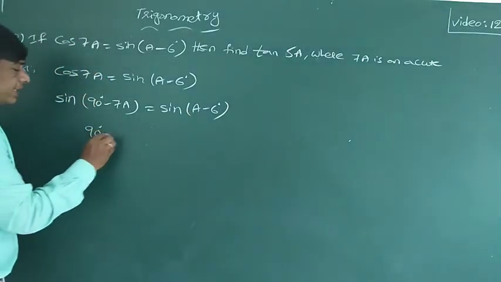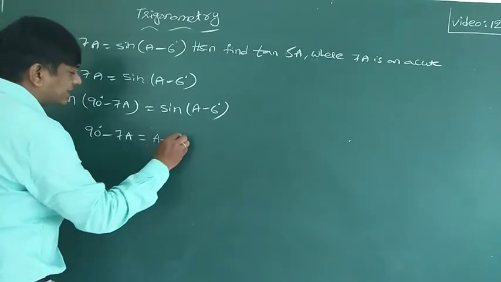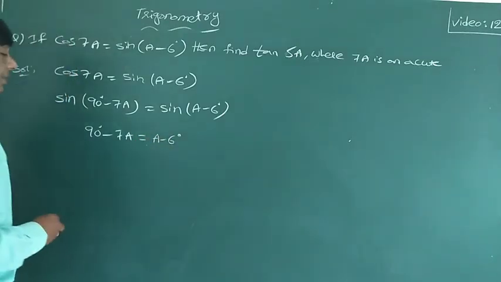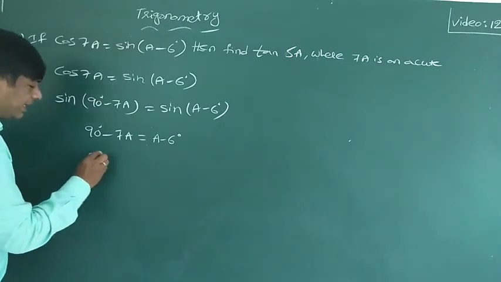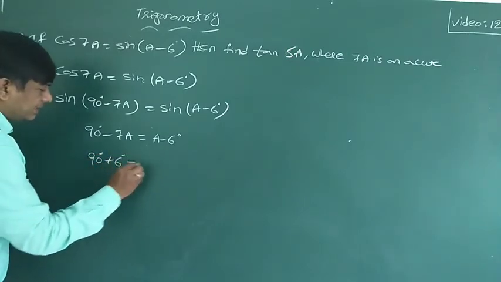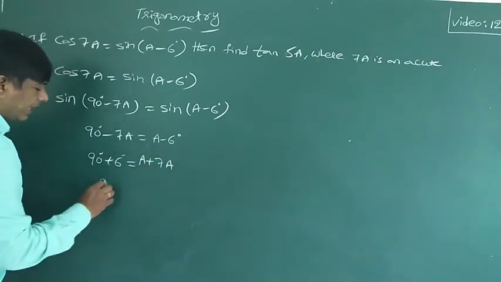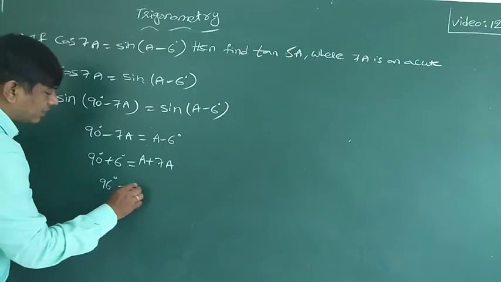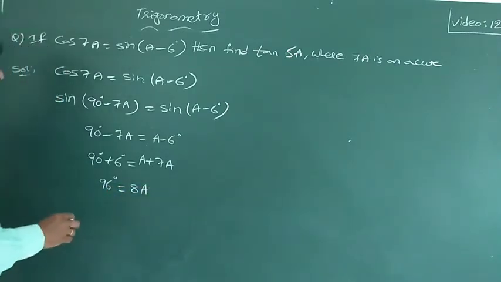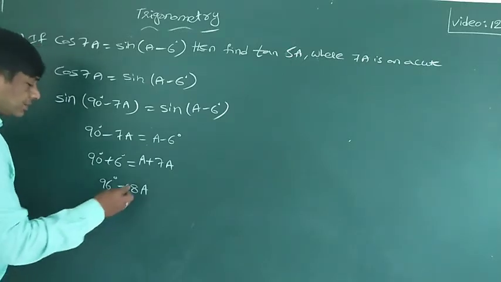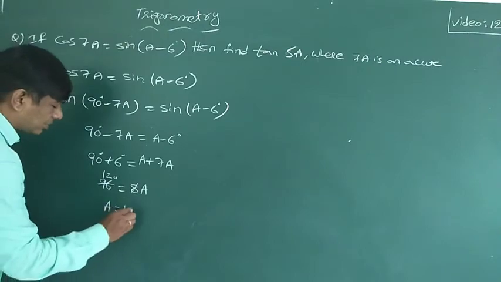So 90 degrees minus 7A is equal to A minus 6 degrees. Now separate variables and constants. 90 plus 6 is equal to A plus 7A. Now 96 degrees is equal to 8A. So 8 12s are 96, A is equal to 12 degrees.